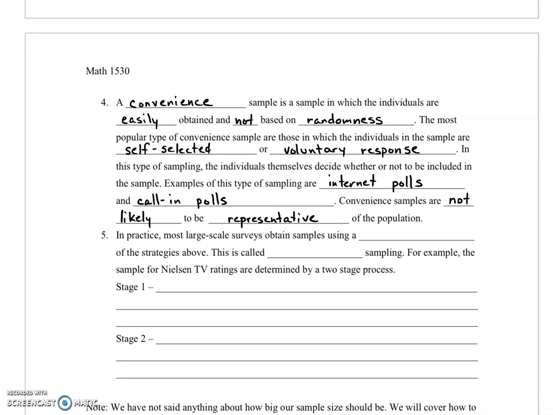So in practice, most large-scale surveys obtain their samples using a combination of those strategies we just discussed. And this is what we call multi-stage sampling.